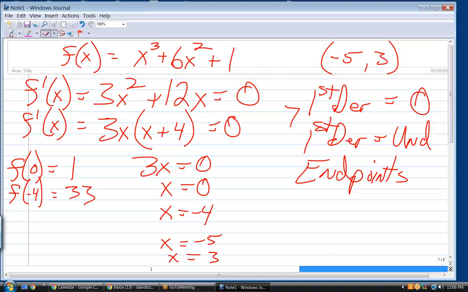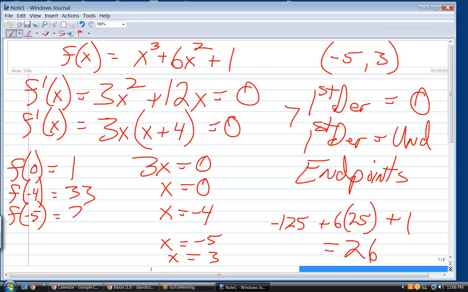And we have to check the endpoints. What is f of minus 5? We get minus 125 plus 6 times 25 plus 1, which is equal to 26.